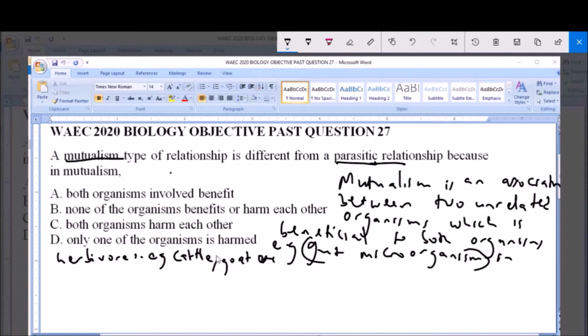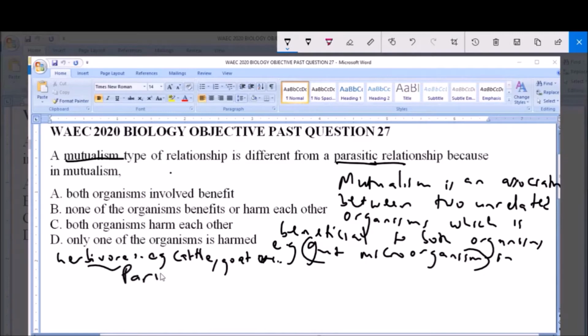So that is a mutualistic relationship. Now it's important to know that the gut microorganism does not harm the herbivore. So that is what makes it a mutualism or a mutualistic relationship.